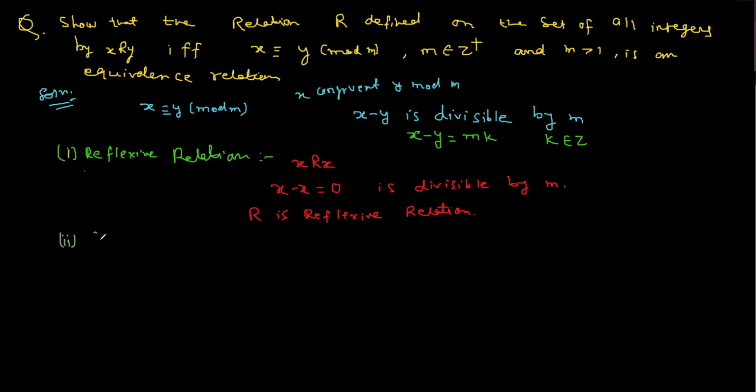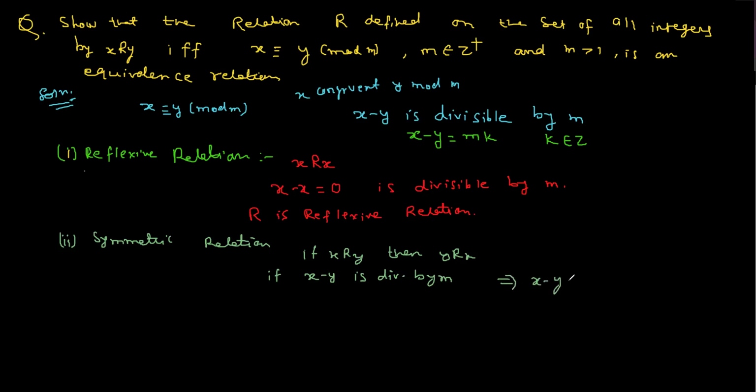Symmetric, right? What is symmetric? If x is related to y, then y is related with x. It means if x minus y is divisible by m, then x minus y can be written as m times k.